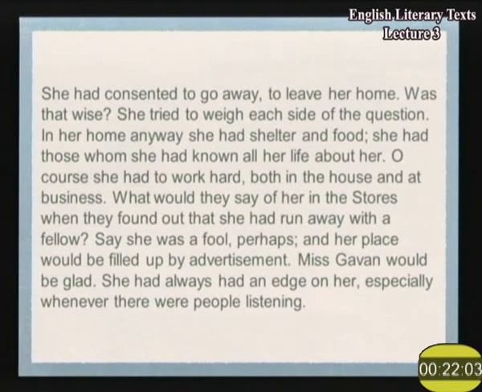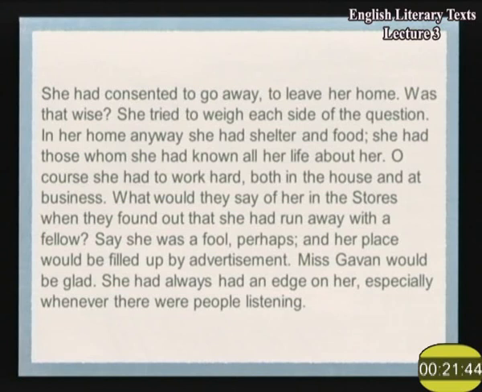And again, this is what she's doing throughout the story. She is saying good things about staying and perhaps bad things, good things about leaving and perhaps bad things. She is weighing this decision of leaving all the time.